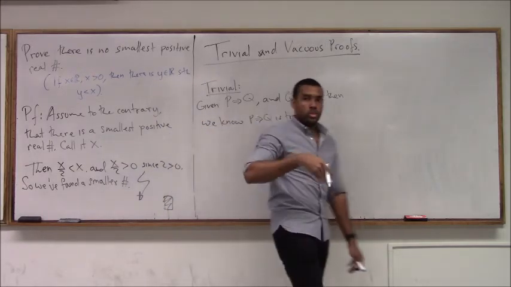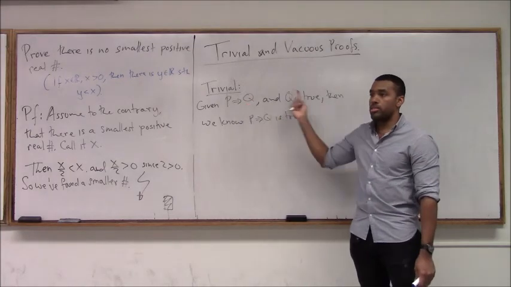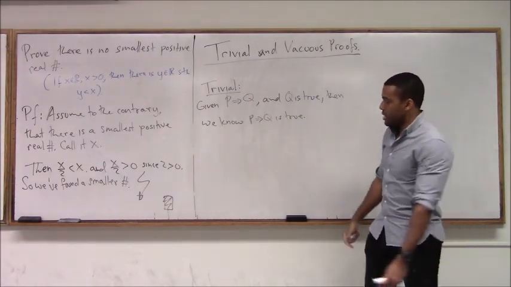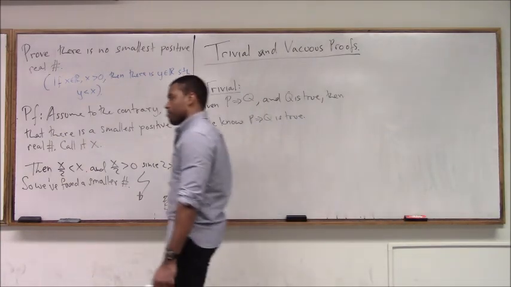Because if you look in the truth table, the only time this is false is if Q is false. So if you know for sure that Q is true, the whole statement is actually true.